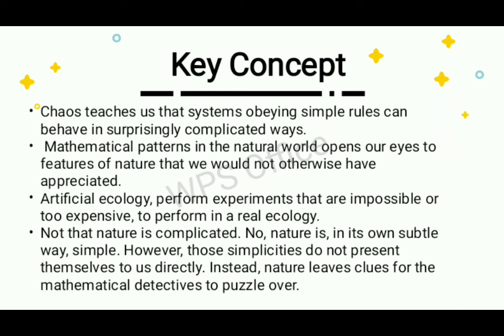Not that nature is complicated. No, nature is, in its own subtle way, simple. However, those simplicities do not present themselves to us directly. Instead, nature leaves clues for the mathematical detectives to puzzle over. So that's what we learn from mathematics. It gives clues for us to deeply understand the complexity of our environment.